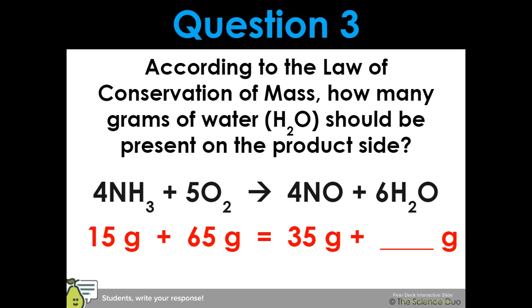For question 3, according to the law of conservation of mass, how many grams of water, or H2O, should be present on the product side? Go ahead and fill in your answer.